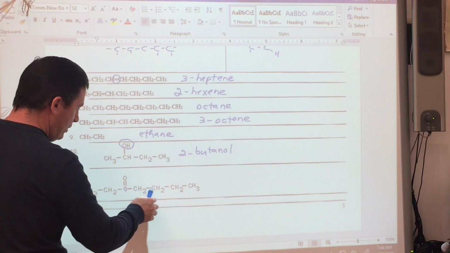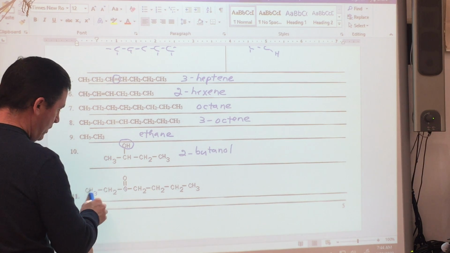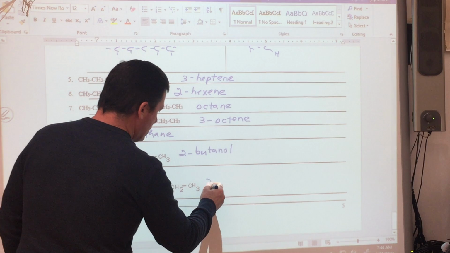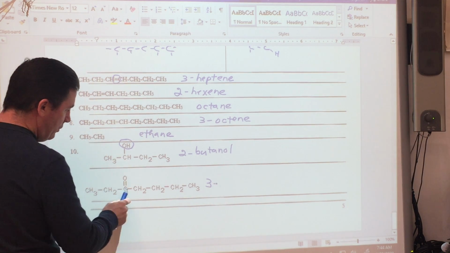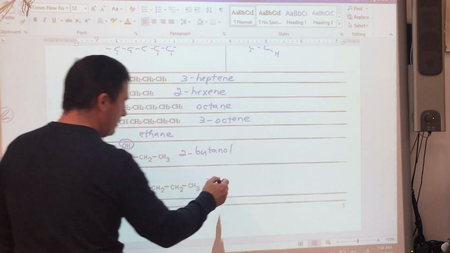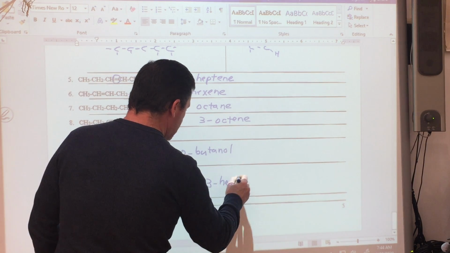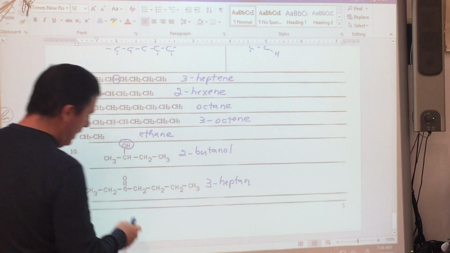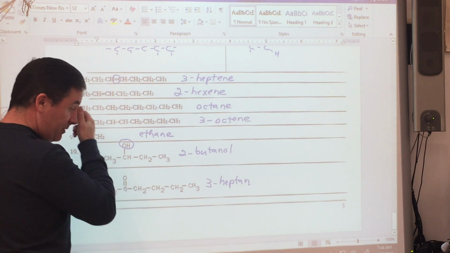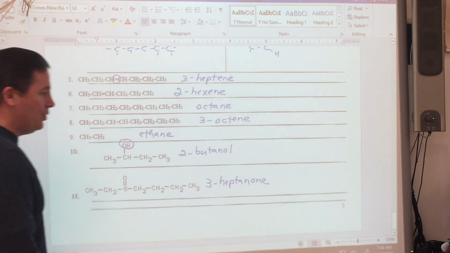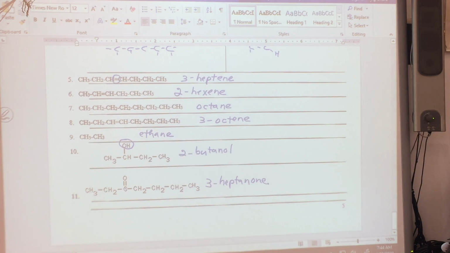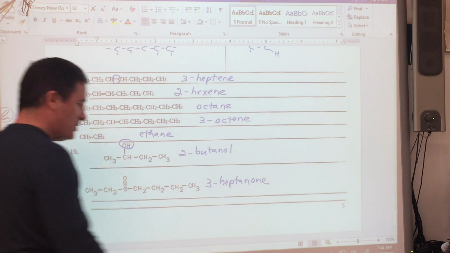It's not 1, 2, 3, 4, 5. It's 1, 2, 3. So this is 3. And what's my long chain? 1, 2, 3, 4, 5, 6, 7. And that's heptane. And ketones have an ending of O-N-E. 3-heptanone. All right, so hopefully you got some more practice with those.